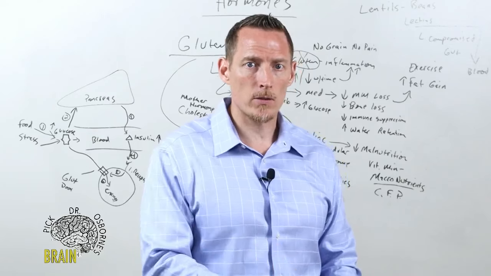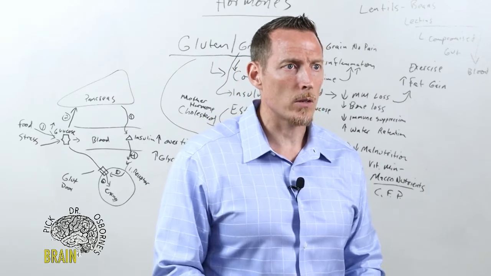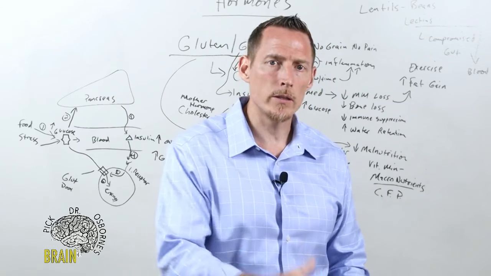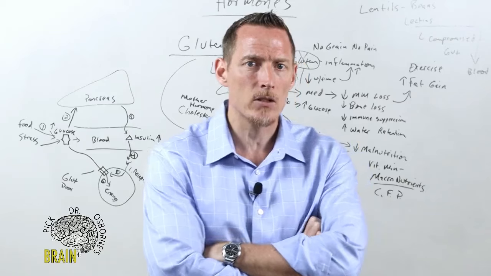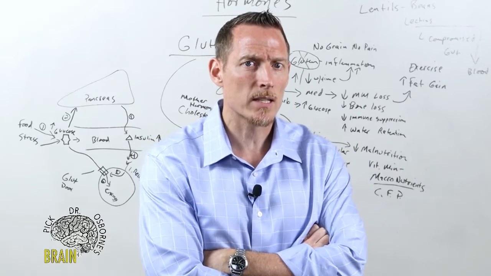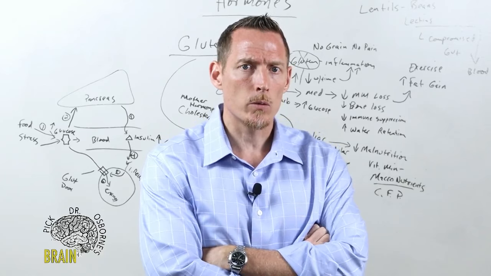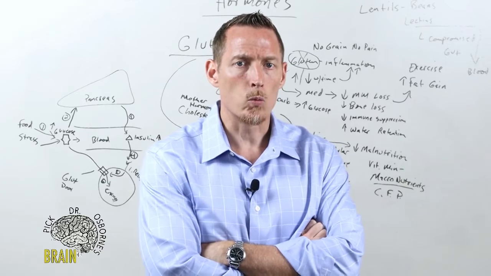So hopefully that answers your question on lentils and beans and why I have people avoid them, especially in the first couple of phases. That first 30 days is critical to avoid them. But really, in my clinical experience, the first 6 months is really what you want to do to get a solid foundation where your GI tract is working really, really well.